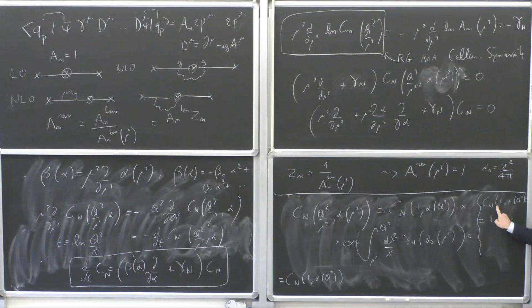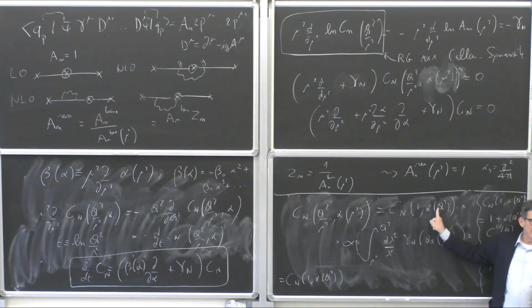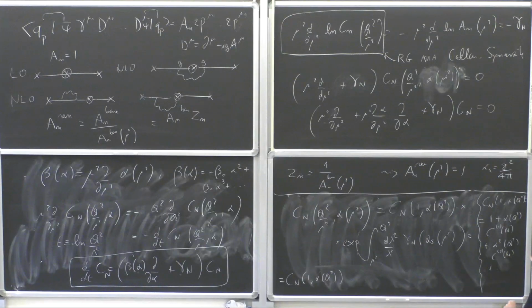Because all Cn's at leading order were equal to 1, you remember, plus alpha of q square times C1 as a function of n, plus alpha square of q square times C2 as a function of n, plus dot, dot, dot. So this Cn here is a series in alpha that starts with 1. The leading order result was that all Cn's are equal to 1. And then we keep going like this.